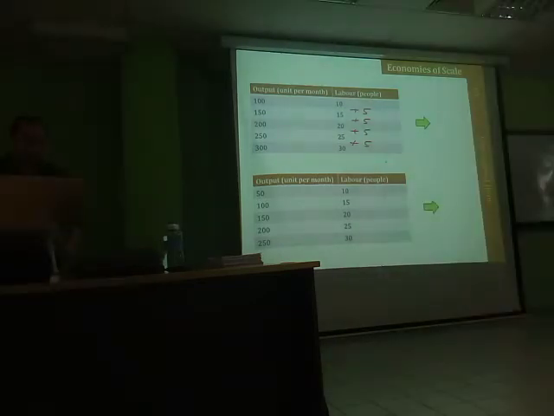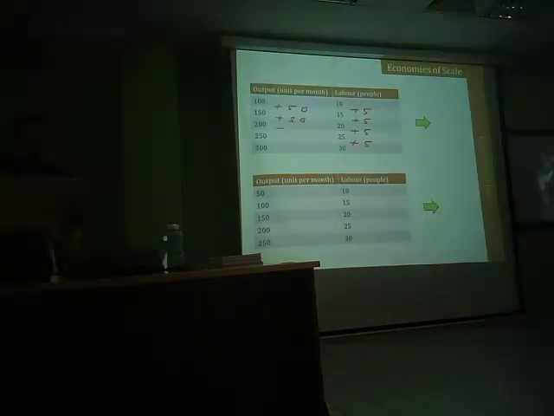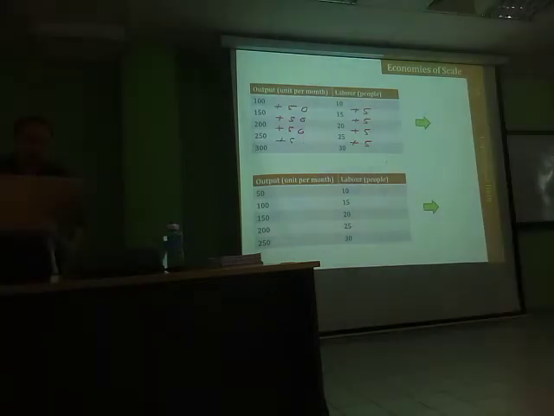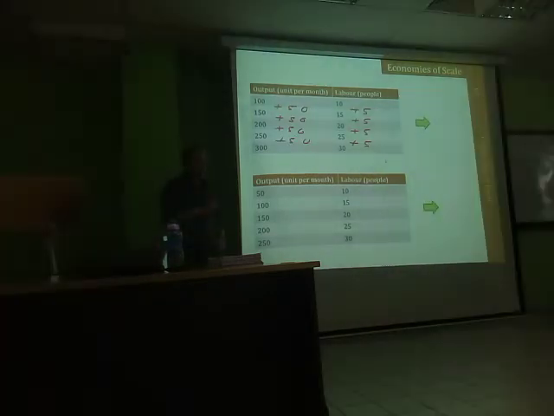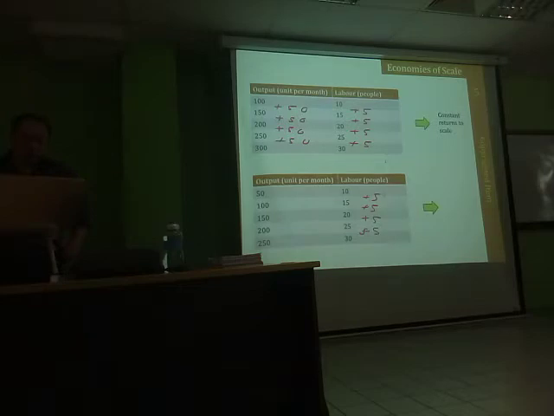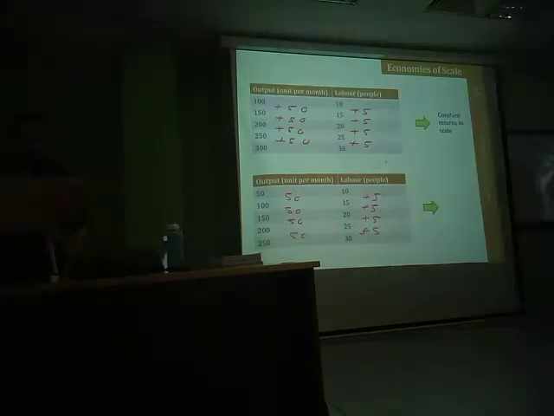And quantity is 50, 50, 50, and 50. What do you call this? Constant. Constant returns to scale. And this one also, every one increased by 5, and then output is 50, 50, 50, and 50.